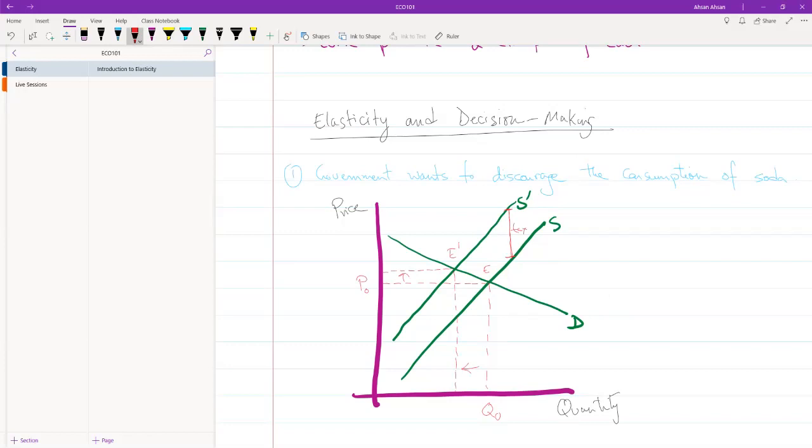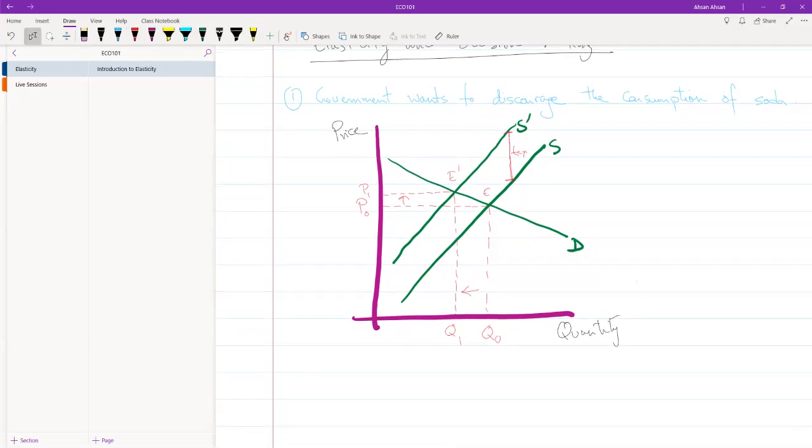And this is what the government wanted to do. They wanted to reduce the consumption of soft drinks. So by increasing price from P0 to P1, they have managed to reduce the quantity from Q0 to Q1. Or at least this is what the government plans to do.